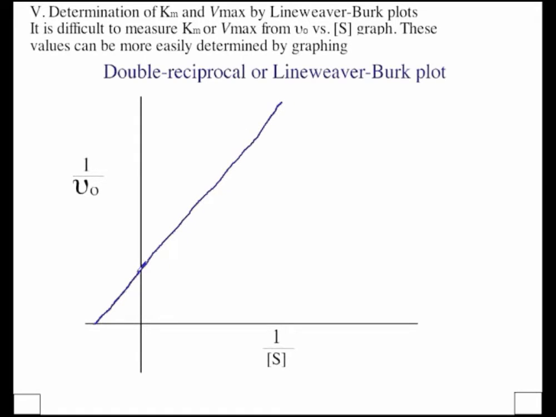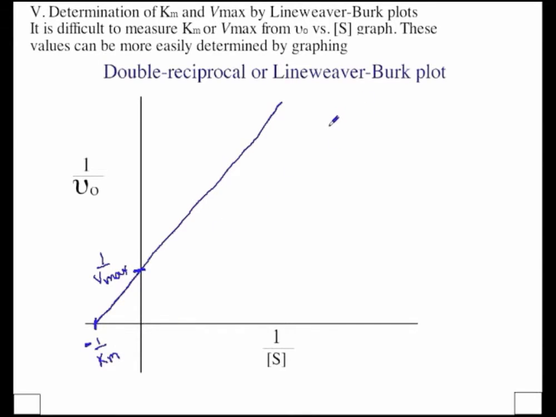And the best thing about it is that the y-intercept is equal to 1 over Vmax, and the x-intercept is equal to negative 1 over Km. That sounds easier already, doesn't it?